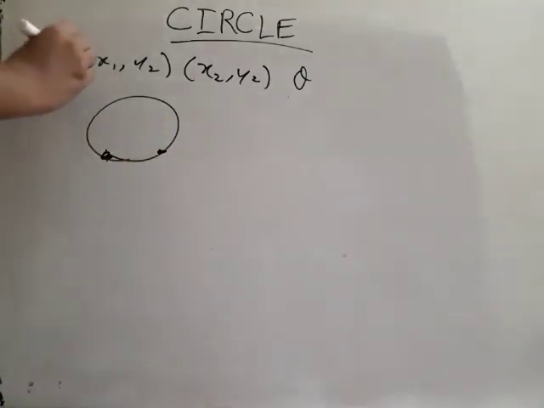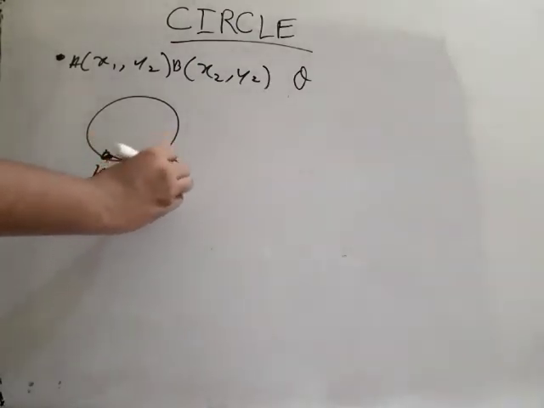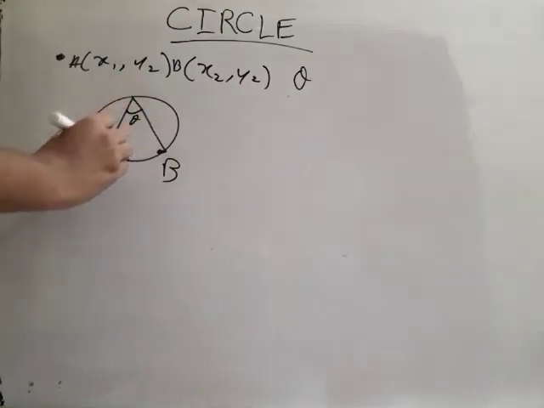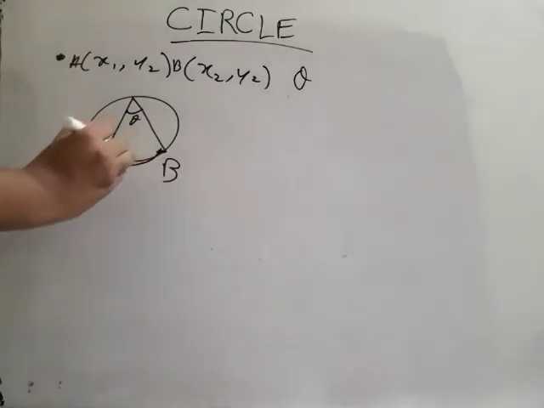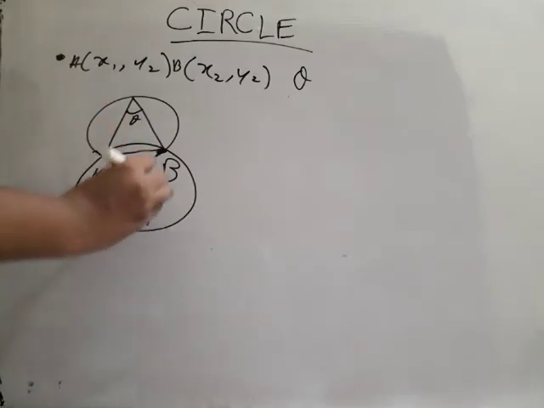Suppose this is A and this is B. Then it passes through A and B, and AB subtends an angle theta at the circumference of this circle. Now there can be two circles actually. We see a similar circle like this with the same angle theta subtended.